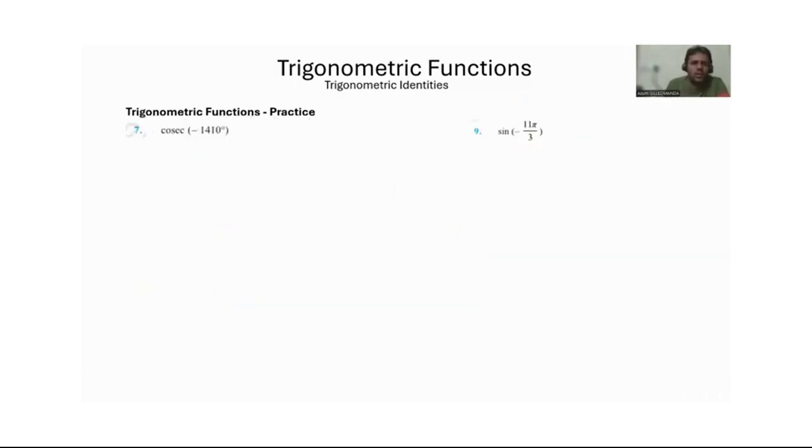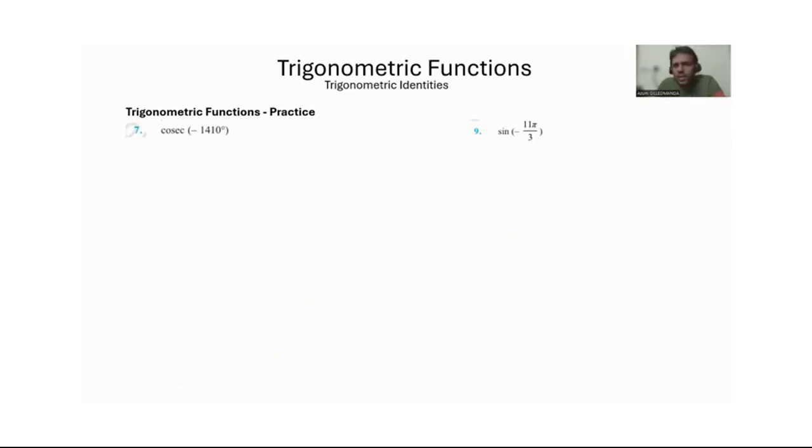All right. Now let's look at this, guys. So now we found trigonometric ratios for different values. Now let's do some more problems here. So here I have cosecant of minus 1410 degrees and sine of minus 11 pi by 3. Let's see how to find these. There are two ways.